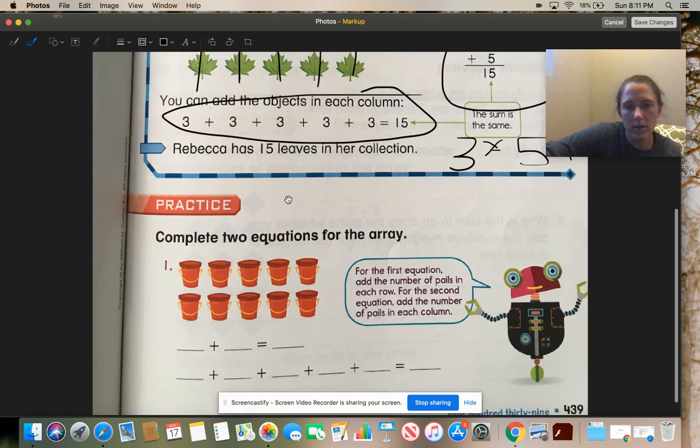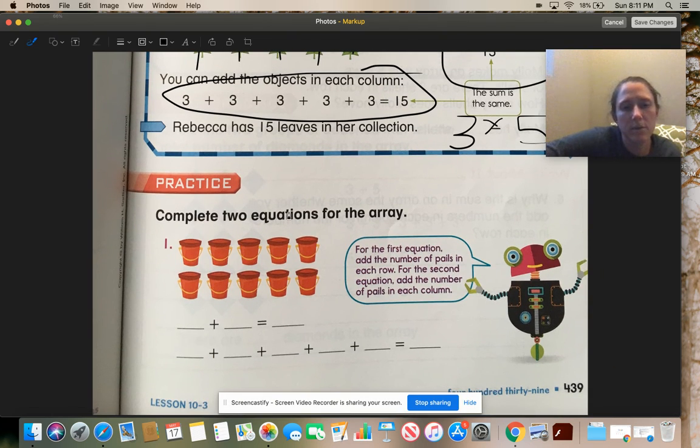Let's look at the next one a little closer. It says complete 2 equations for the array. So there's 1, 2, 3, 4, 5 buckets. You could either say there's 5 buckets plus another row of 5 equals, well, we know 5 plus 5 equals 10.